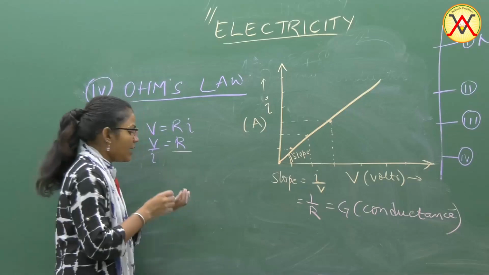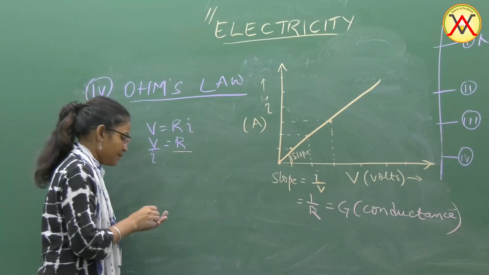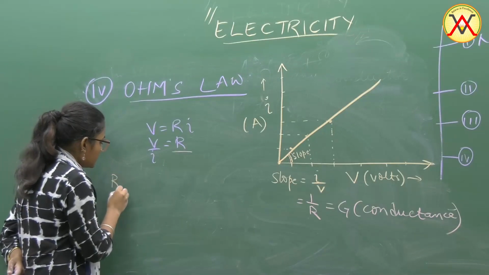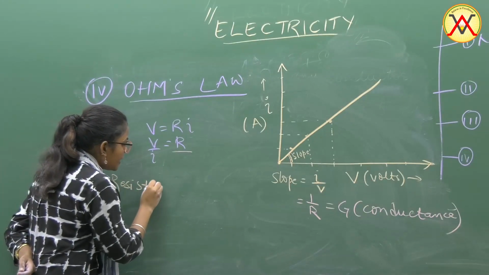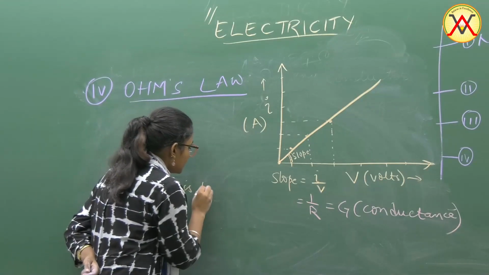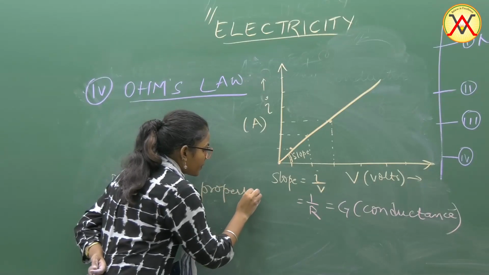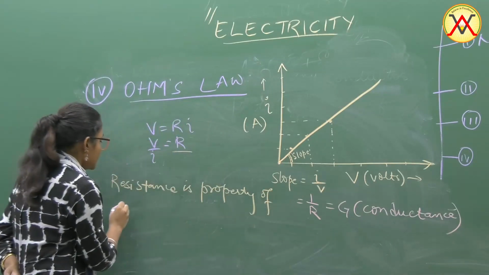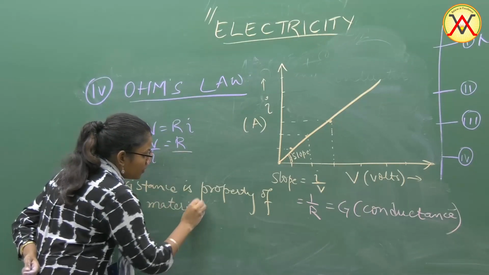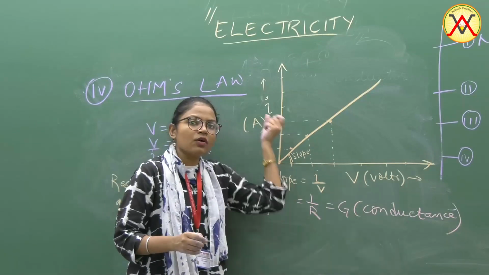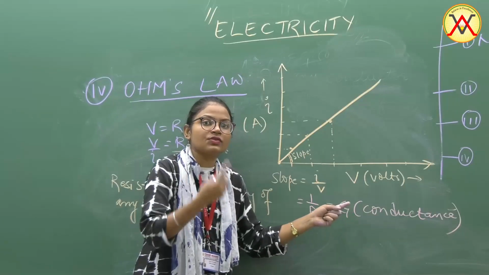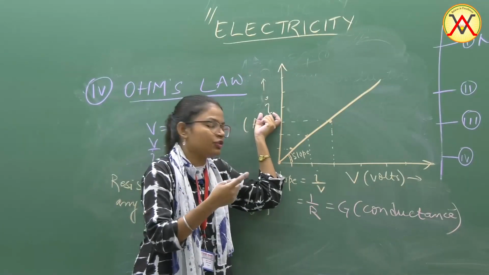So from here, can we have the definition of resistance? Resistance is nothing but property of any material, because conductance allows the current to flow through it. So resistance being its inverse would restrict or resist the current to flow through it.